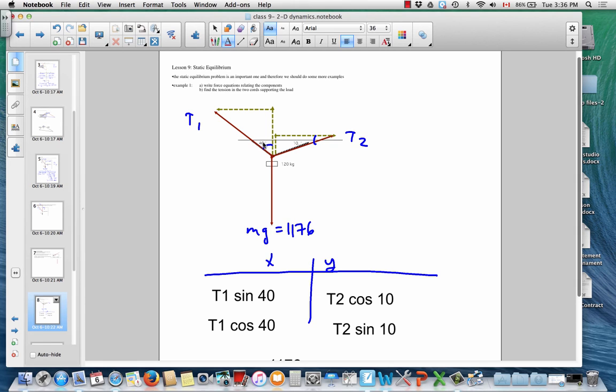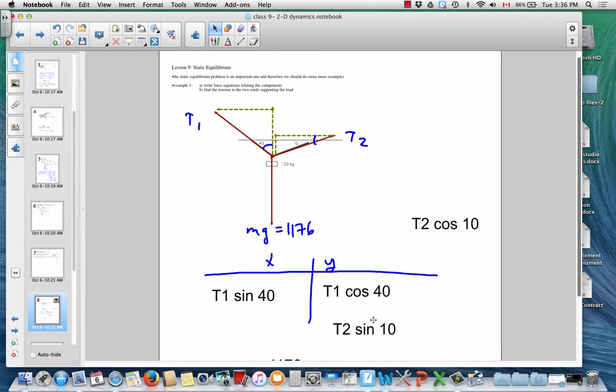Notice that the adjacent side here is a y component. So for the components of T1, the cosine 40 is a y component, and it's upwards y. For the sine 40, that's an x component, and it's in the negative x direction.